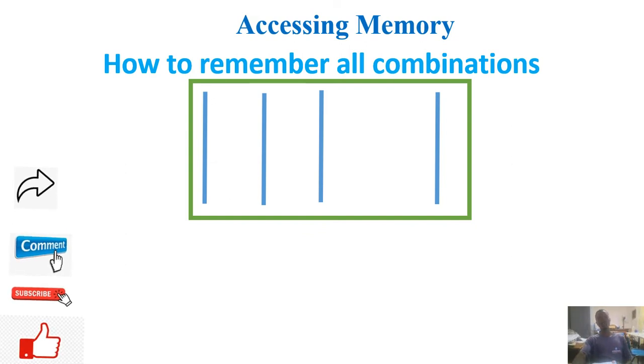You may use only SI to access memory, or you may choose to use DI only to access the memory. Or you may choose to use a combination of BX and SI, or BX and DI.